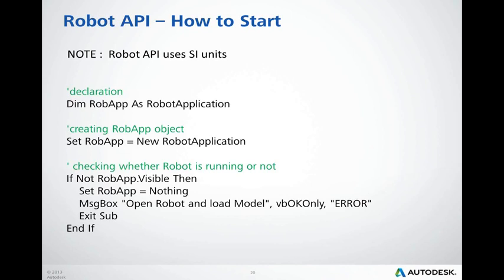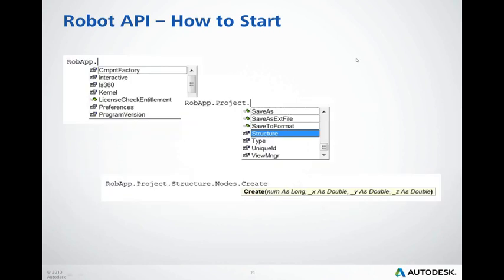So if the visible is set to null, false, it means a robot is not running. When typing, program will give us hints by expanding programming tree to ease input data. To check correct data type which method returns, press Ctrl-I on keyboard. I will show it in a minute.